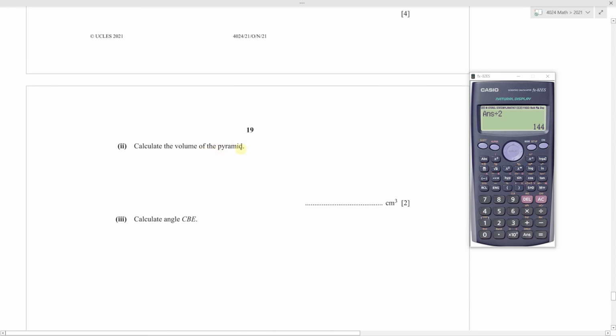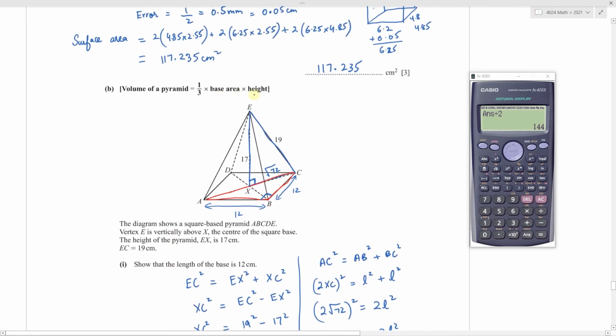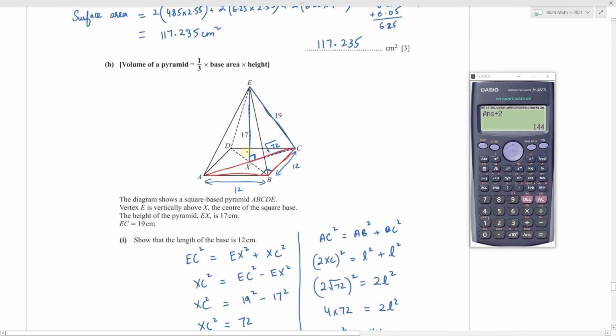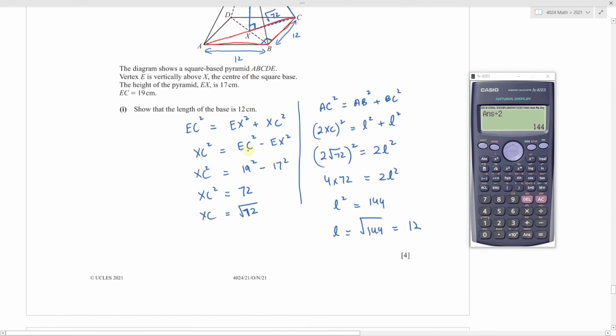Calculate the volume of the pyramid. Volume is one third times base area times height. Your base is a square. What is the area of the square base? One side multiplied by the other side, which is 12. And the perpendicular height is 17.